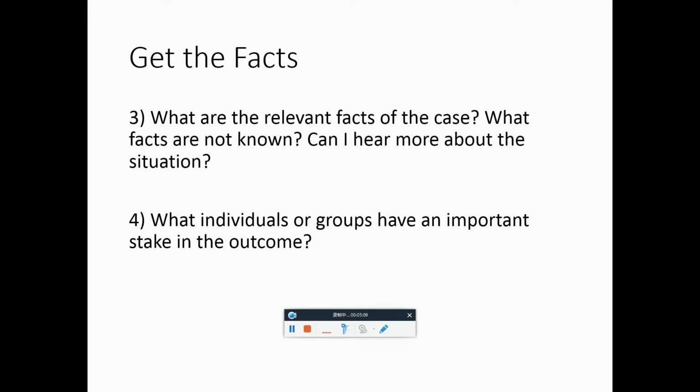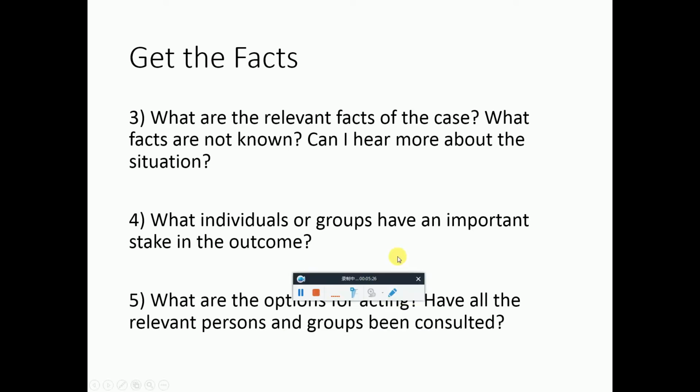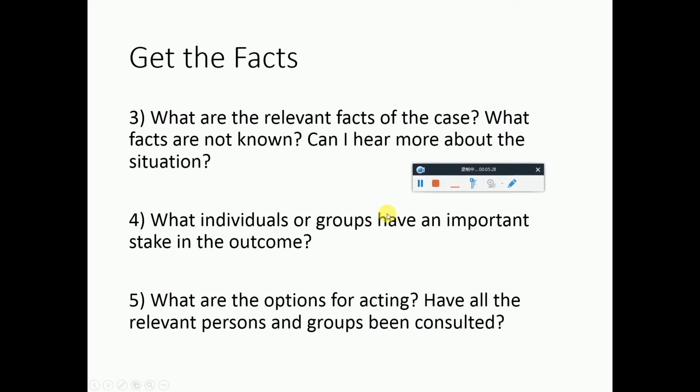The next step of getting the facts entails asking the question, what individuals or groups are involved, and do they have important stakes in the outcome, right? So that speaks to paying attention to our study populations. Also, we should ask ourselves what the options are for acting, right?